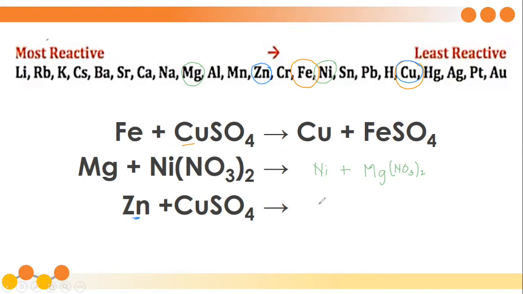So our product now will be copper and zinc sulfate. Okay, let's try the next one. We have here nickel plus iron sulfate. Try to look for the possible product of these reactants.